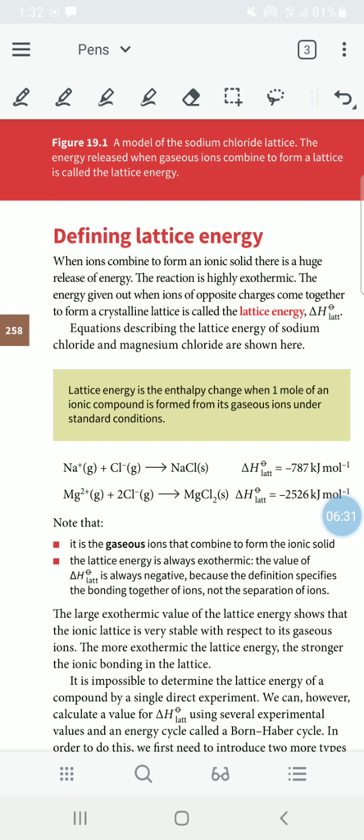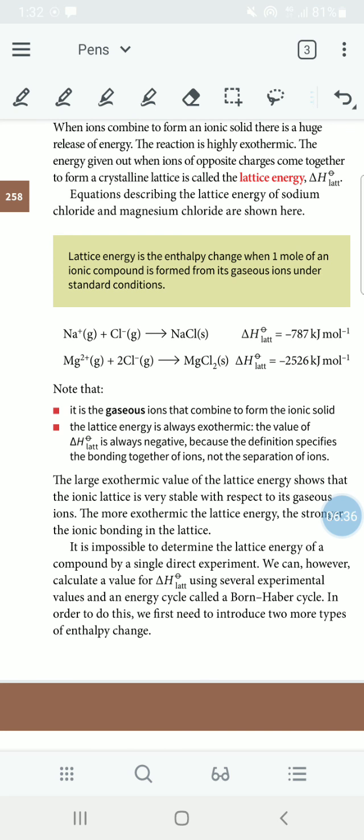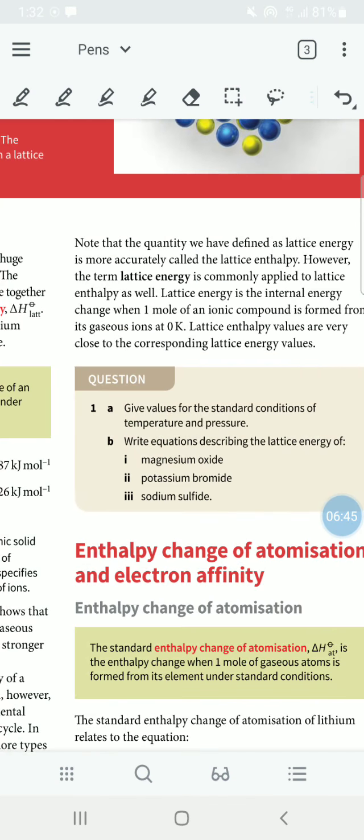However, we cannot determine the lattice energy of a compound by simple experimentation, so we use the Born-Haber cycle to find the lattice energy of a particular reaction. This will bring a lot of values and definitions our way. Let's do the first question and then go to the second part. Please do question number 1, and after that we will discuss it and go to the next part.